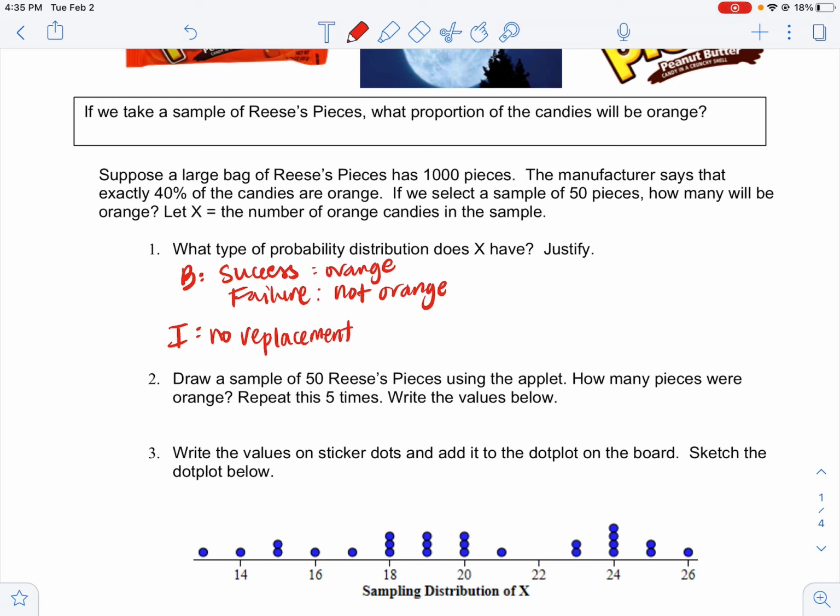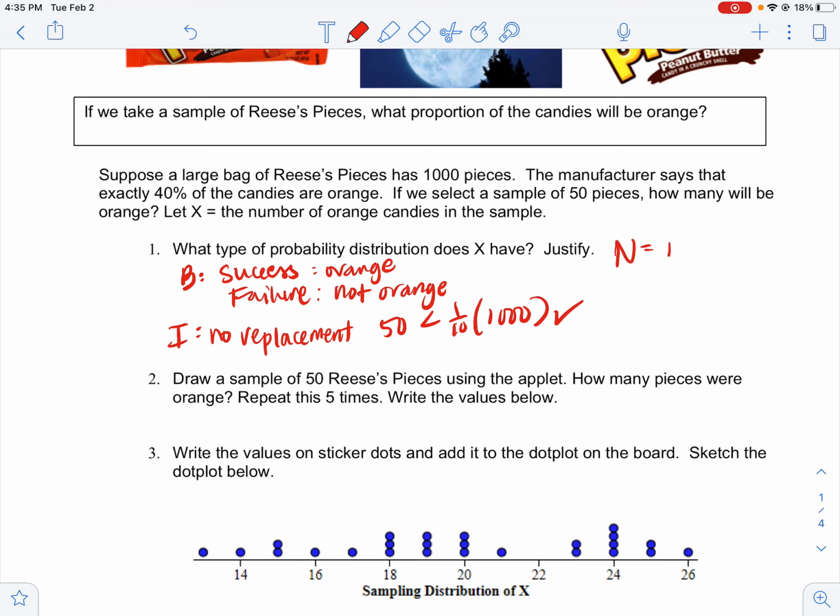So we have 1,000 pieces, that's our population. 10% of that will be 100, correct? And we are only taking 50. So that's less than 10%. So 50 is less than a tenth of 1,000, and so it passes the 10% condition.